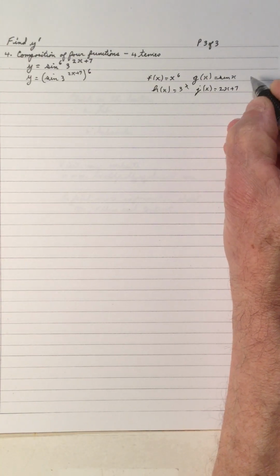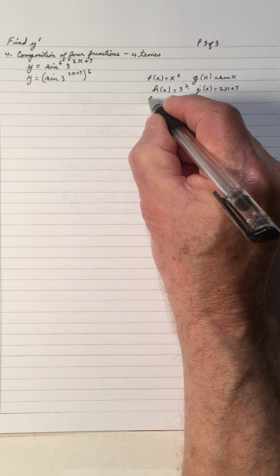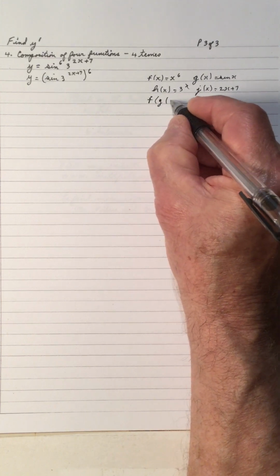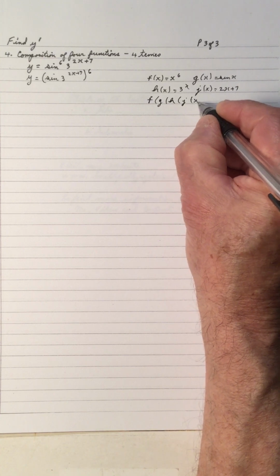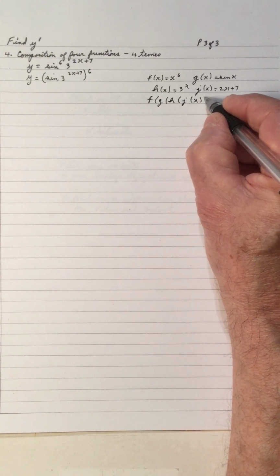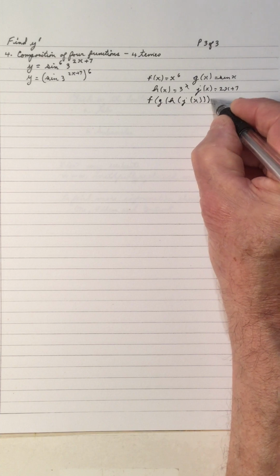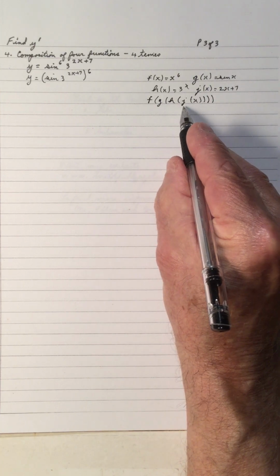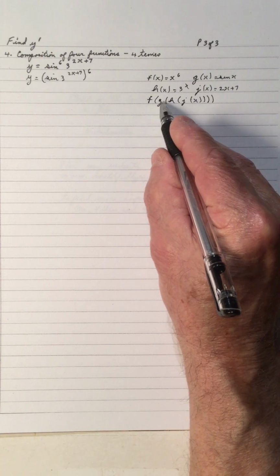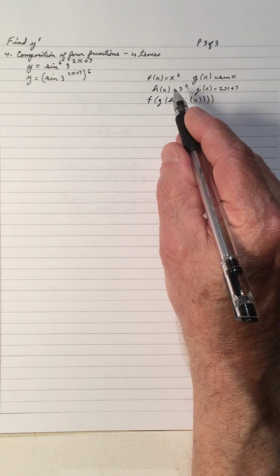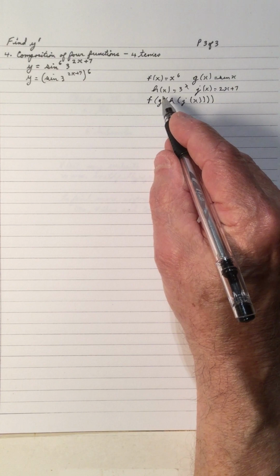So that gives us again, the f of the g, of the h, of the j, of x, and there's 2, 3, 4. So the j of x goes in the h, and then that goes into g, and that goes in the f. So we work outside in.